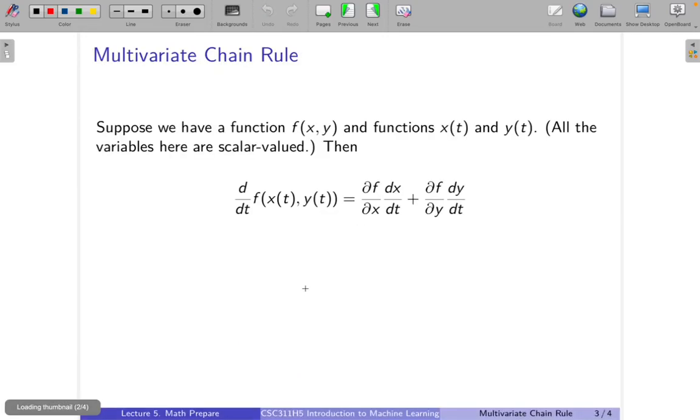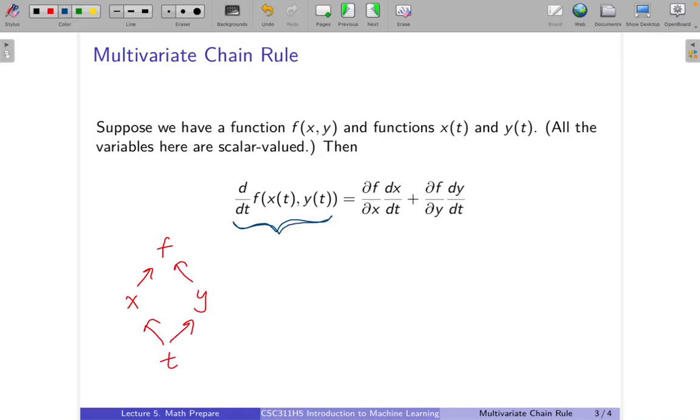So we've got this situation kind of like what we have here, where we have a function f that depends on x and y, but x and y themselves depend on some quantity t. So this derivative right here, and remember, derivatives are rates of change, right?